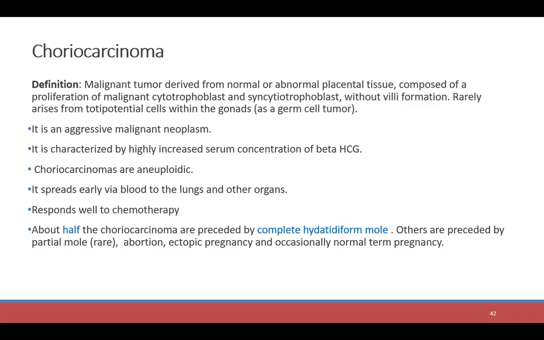So it's a biphasic proliferation of cytotrophoblast and syncytial trophoblast. Biphasic means two cell lines. Here, cytotrophoblast, syncytial trophoblast. Do you know which tumor is biphasic? Do you know any biphasic tumor? There is a very famous tumor.